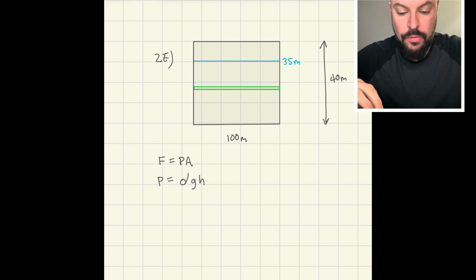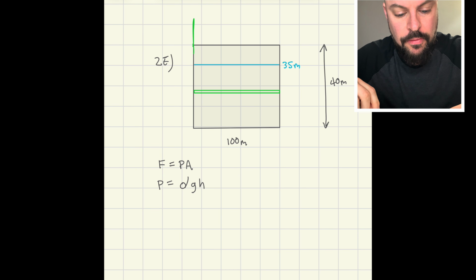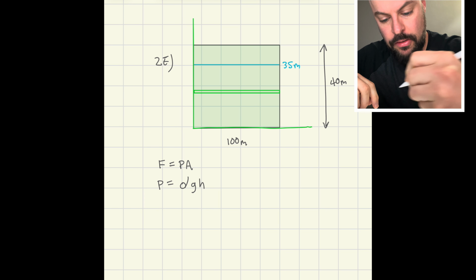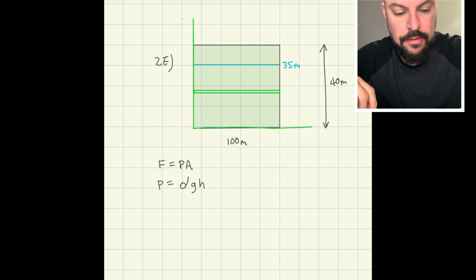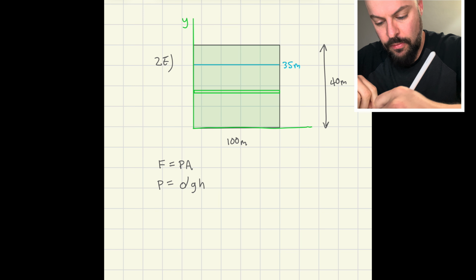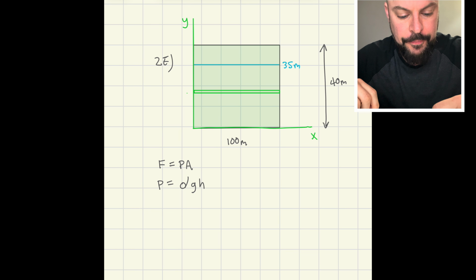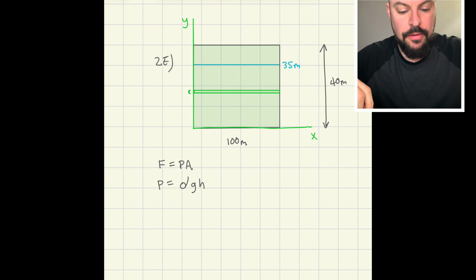So what do we need for it? We need the area of it first. To do the area, imagine these are our axes. We've got y and we've got x. This distance right here is just a change in y.